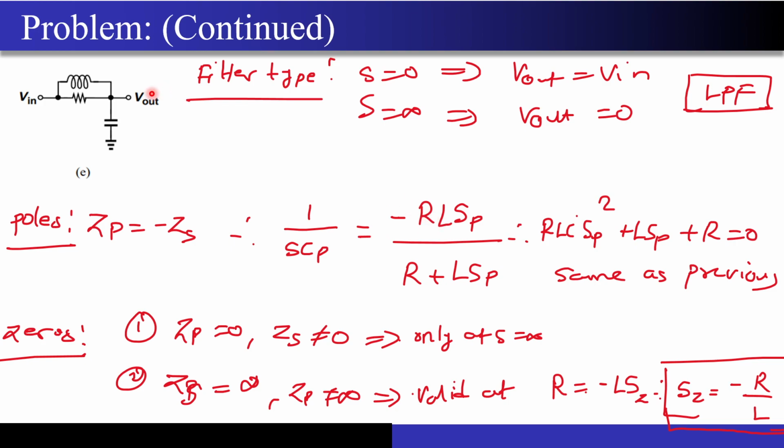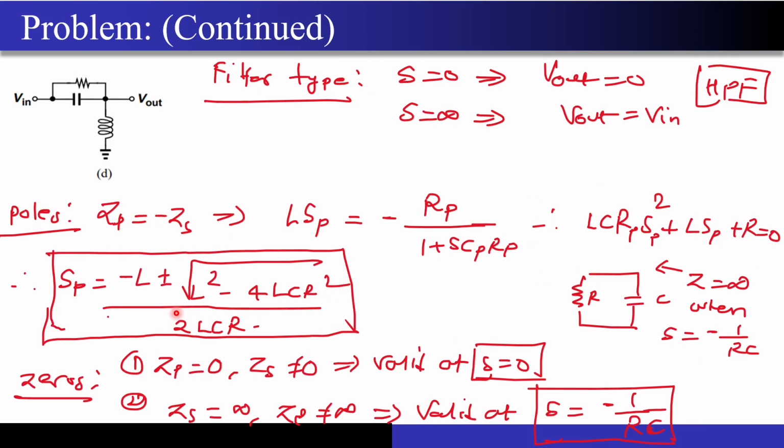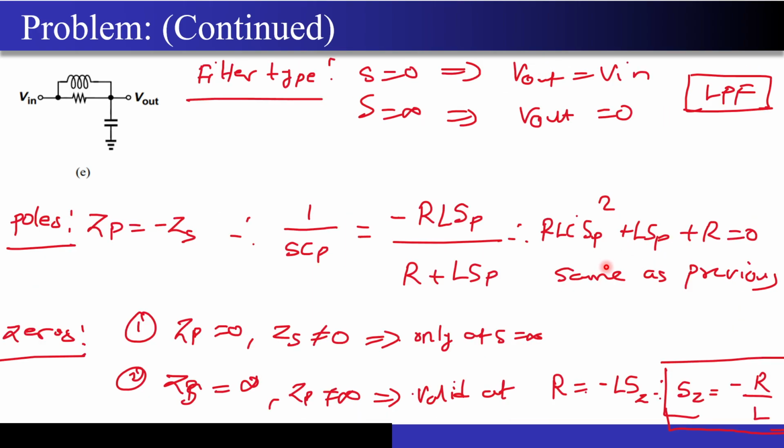So Z1 is R, Z2 is L into S, that is the impedance of the inductor. So this is the impedance that you got. Corresponding to the capacitance, you have 1 upon SCP. Now if you cross multiply, you will again get a quadratic equation, and the poles that you will see will be exactly equal to these poles, because again we have got the same equation. Okay, so again we have got the two poles.